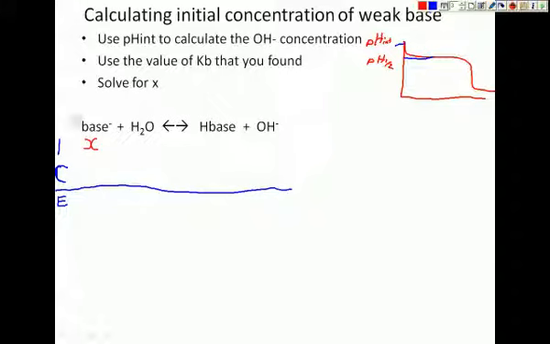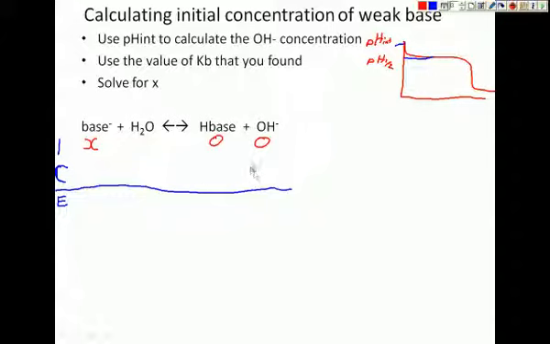Now before this is put into the water, or before this accepts a proton from water, the concentration of HBase and OH minus is 0. We know this is going to shift to the right, so HBase and OH minus are going to increase.